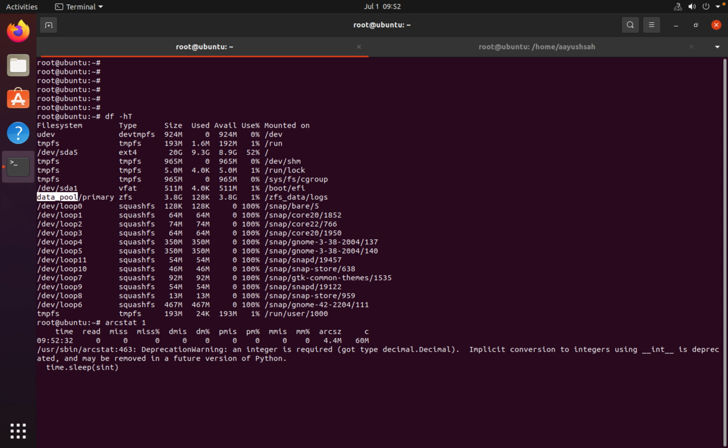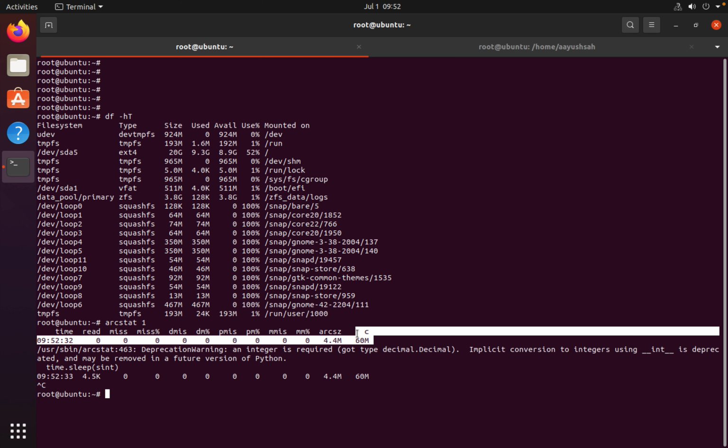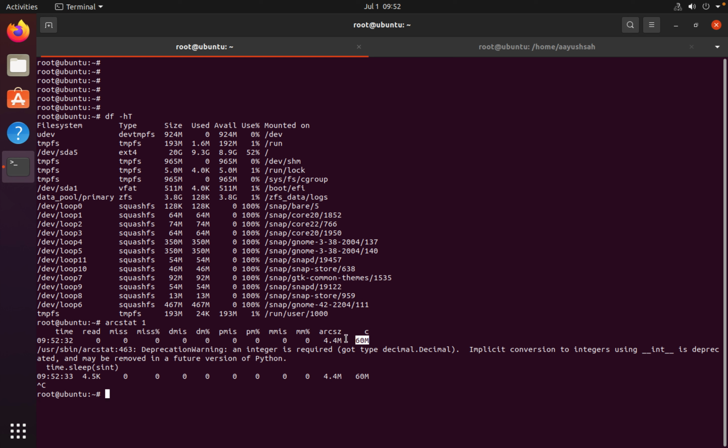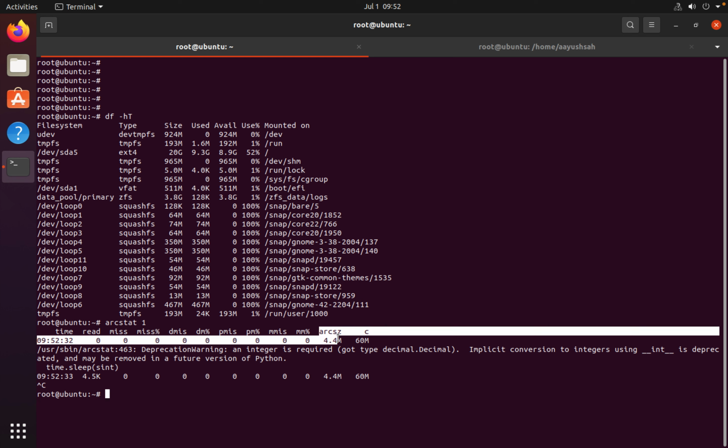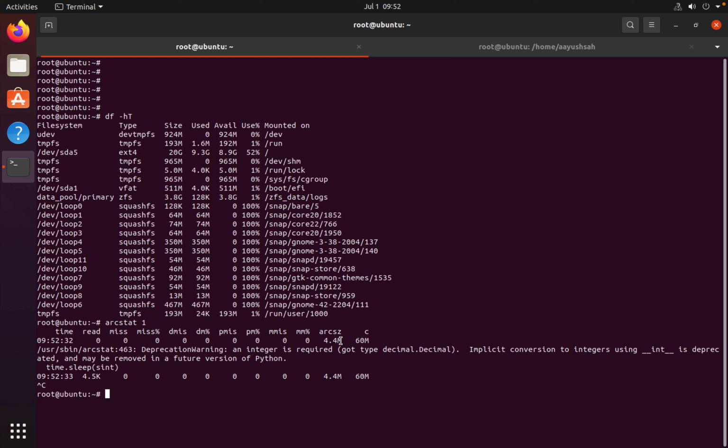arcstat 1 and hit enter. If you see here, currently for the cache, the total allocated memory is 60 MB, and how much is being used is 4.4 MB.